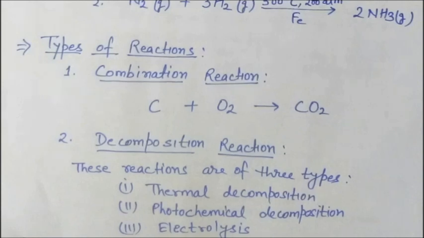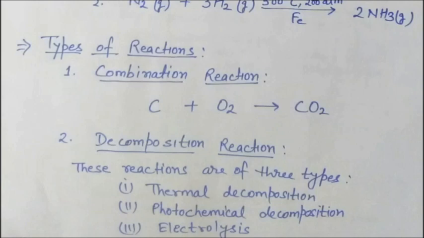Decomposition reaction. Decomposition reaction is exactly opposite to combination reaction. A reaction in which a single reactant breaks down to form 2 or more products is known as a decomposition reaction. To break any substance, energy is required. So on the basis of the form of energy required for the reaction, these reactions are further categorized into 3 types.